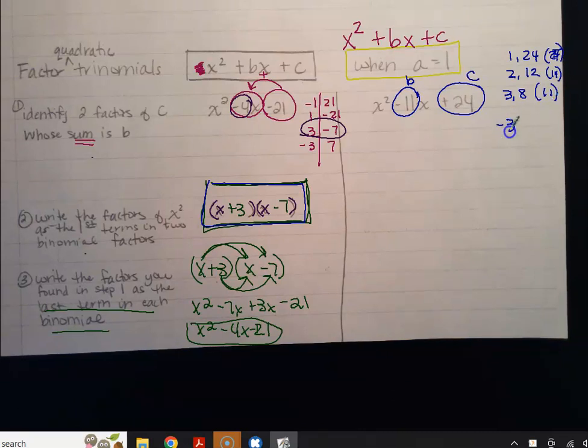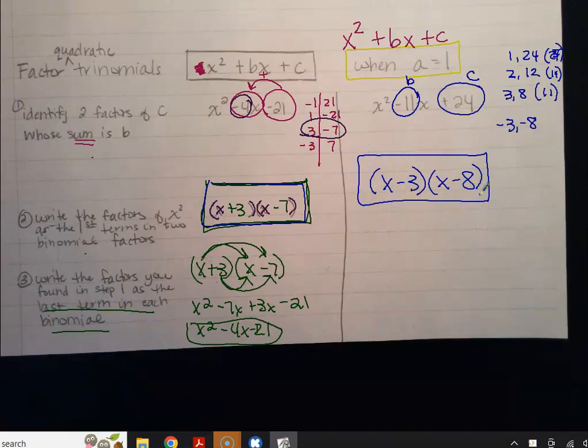So we're going to use -3 and -8. So then we just say, okay, so this is x minus 3 times x minus 8. And you are done. That's it. That is your factored binomial.